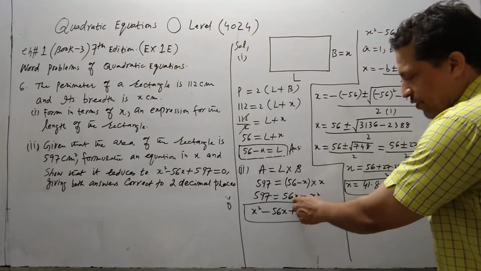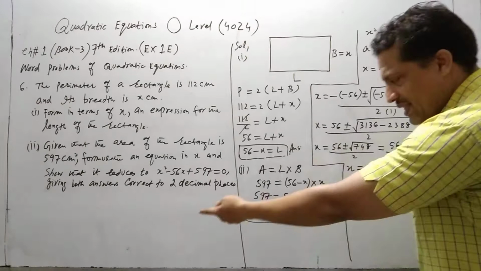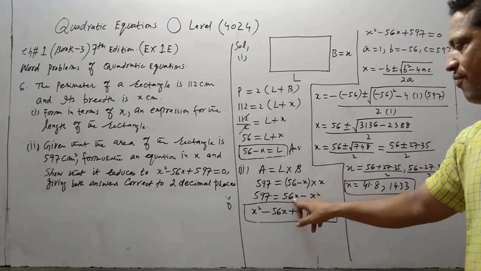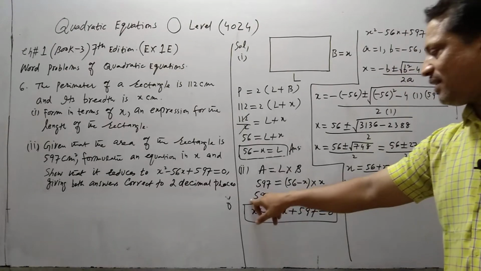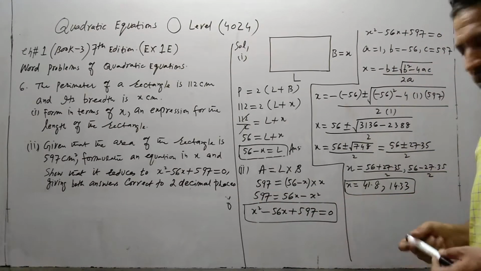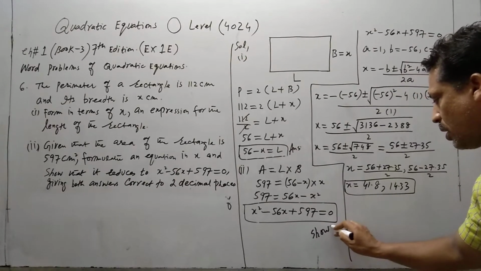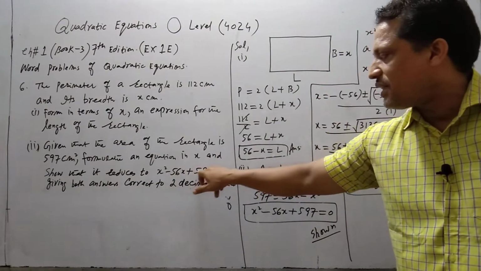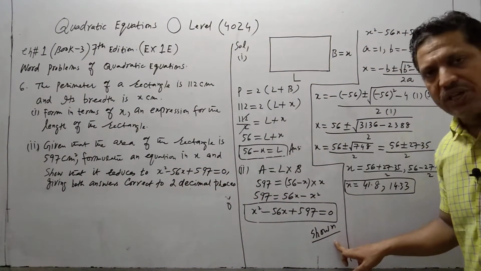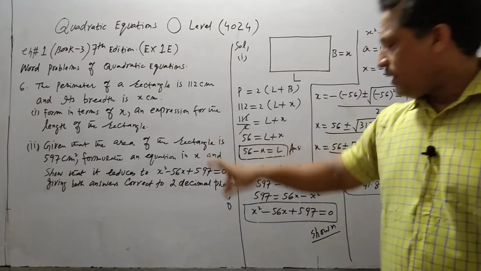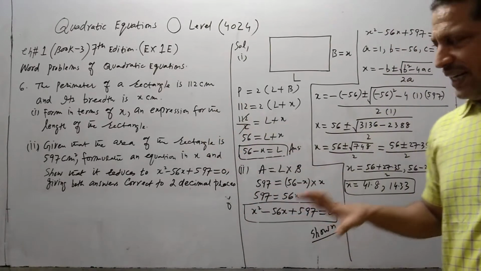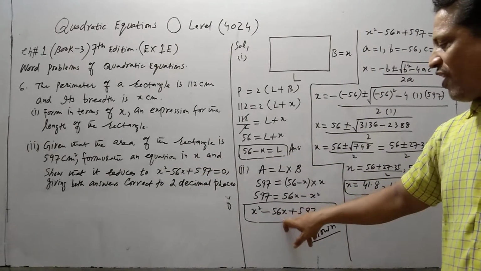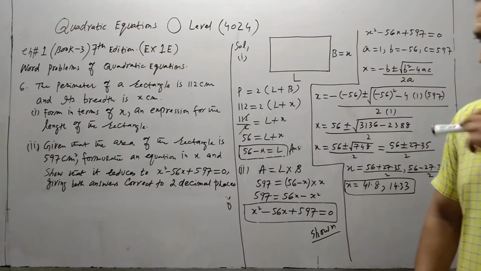If we move 56x minus x square to this side, minus x square becomes plus x square, 56x becomes minus 56x, and this is plus 597 equals 0. Shown. This is what I need: show that it reduces to x square minus 56x plus 597 equals 0. So we obtained the given equation with the help of the given conditions.